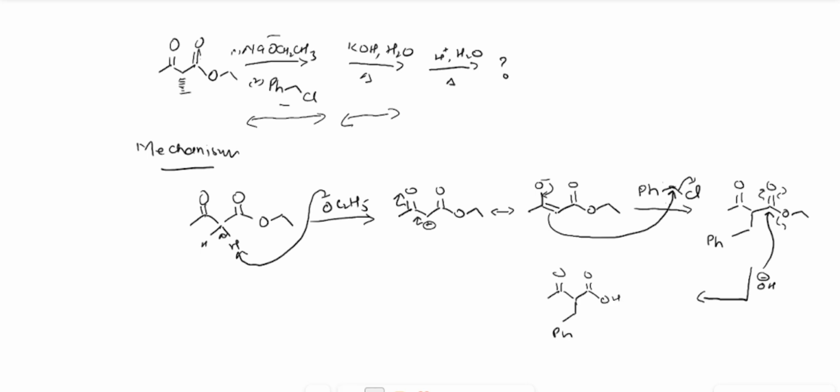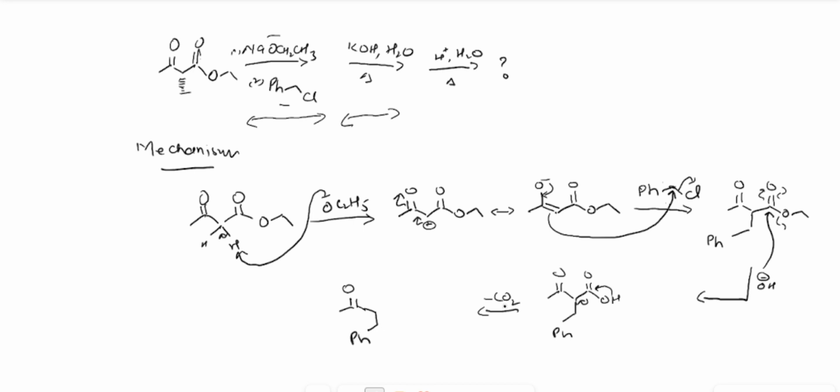And under the same conditions, because we have base here, this is deprotonated, and ultimately it gets rid of a molecule of carbon dioxide, and a carbanion is generated as a result.